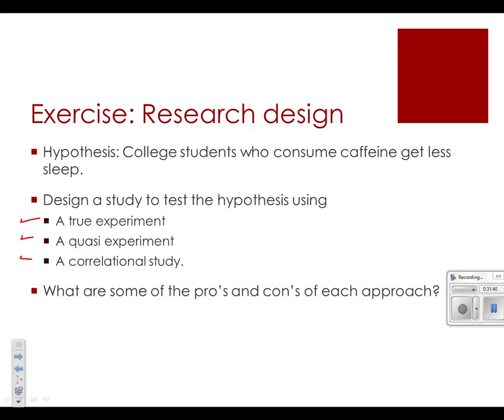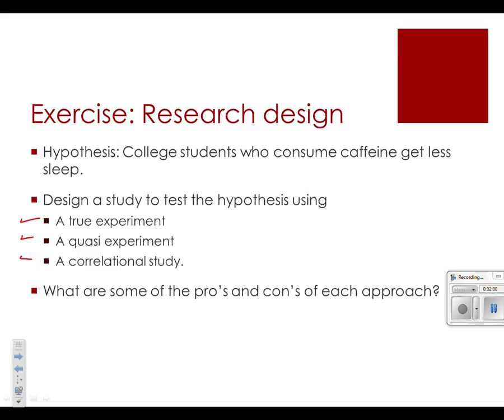Or somehow find people who do not consume caffeine versus people who do, have two different groups there, and again, do the same sleep measurements. That would be an acceptable way of doing the study.